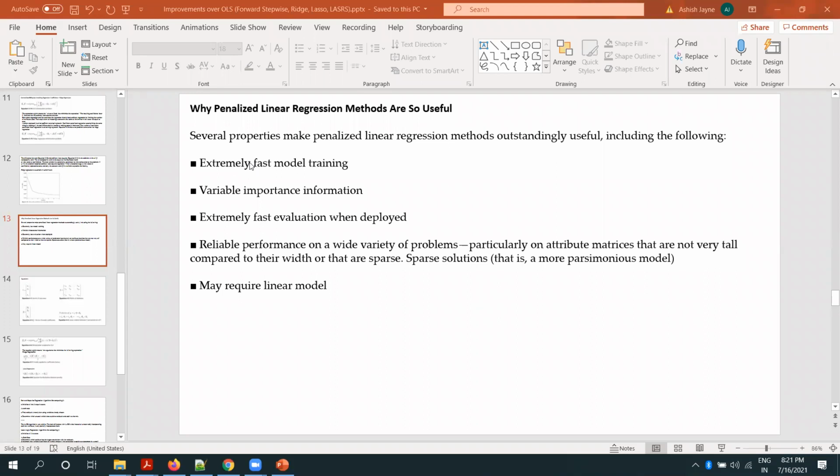They give reliable performance on a wide variety of problems, particularly where attribute matrices are not very tall compared to the width. So if the number of attributes is too much in comparison to the number of data points you have in your training data, it would be beneficial to apply penalized linear regression to that problem. And if the problem requires a linear model, then also you can apply this model.